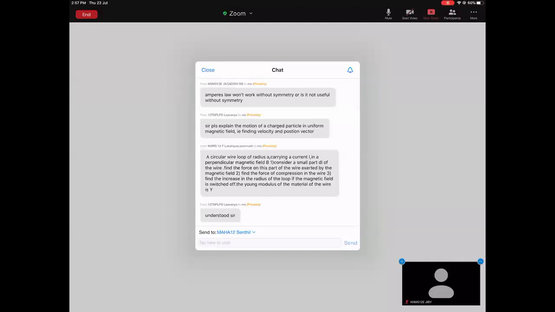Find the increase in the radius of the loop if the magnetic field is switched off. So this is a tough question, but not an impossible one. Let us just follow the instructions, which will tell us everything.